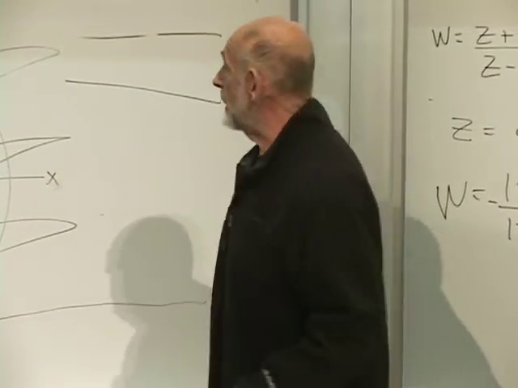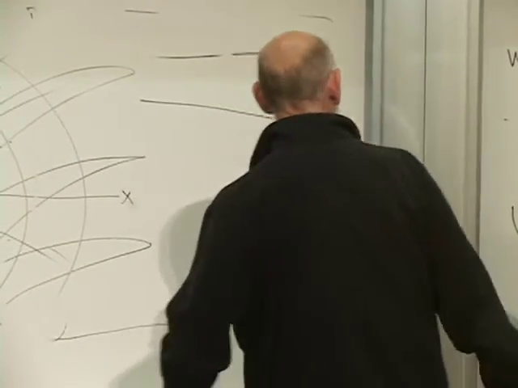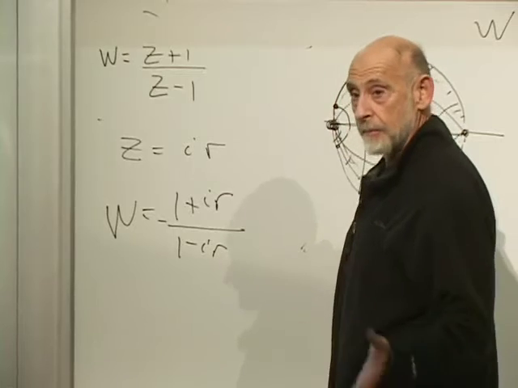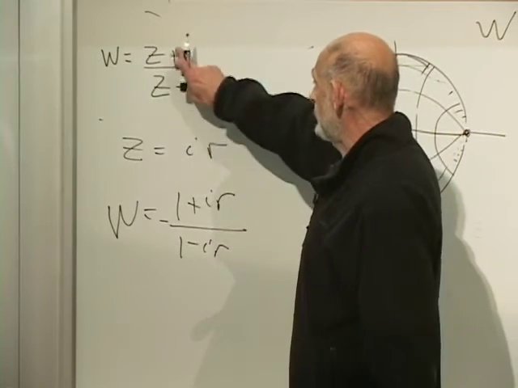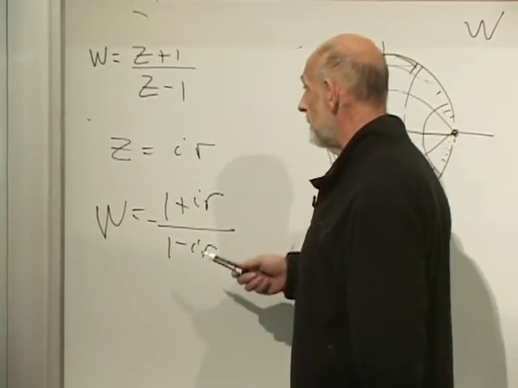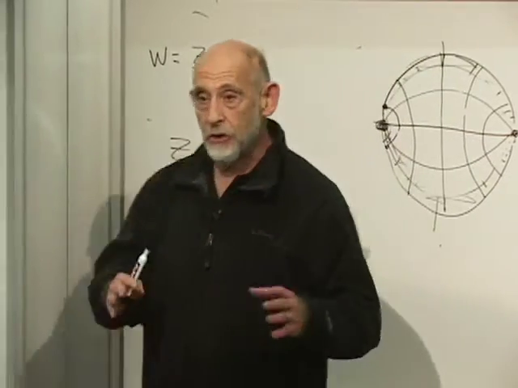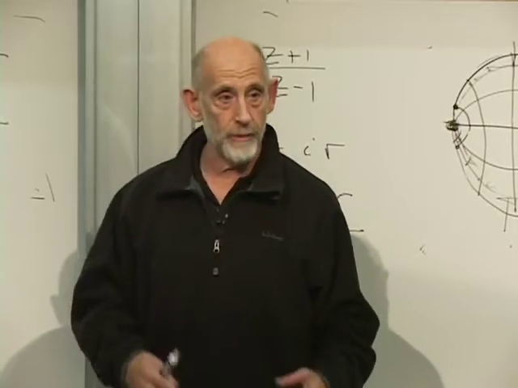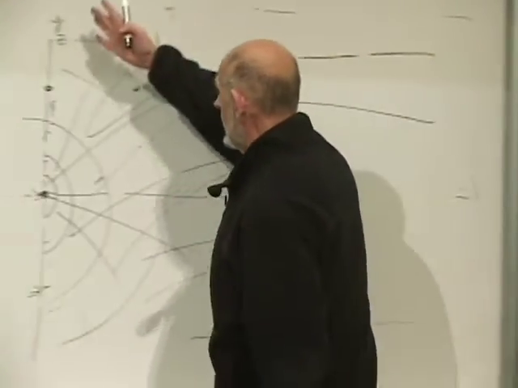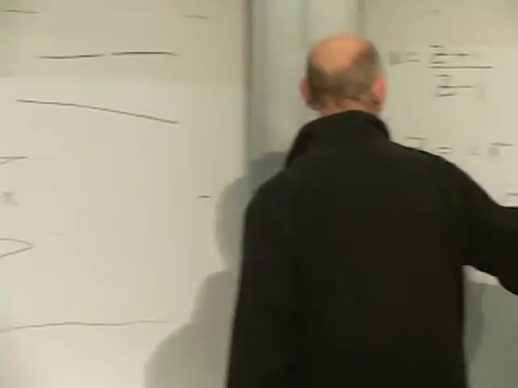It's an interesting fact. Under this kind of mapping, this is called a linear fractional mapping. It's a fraction made out of two linear functions. Under linear fractional mappings, the collection of circles and lines transforms into the collection of circles and lines. So here's a line, it transforms to a circle.